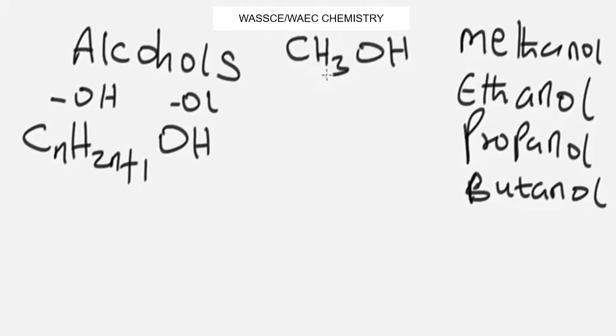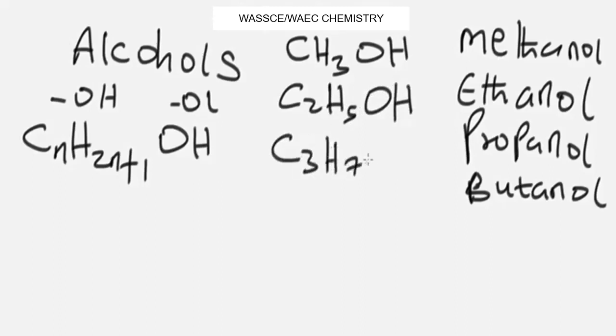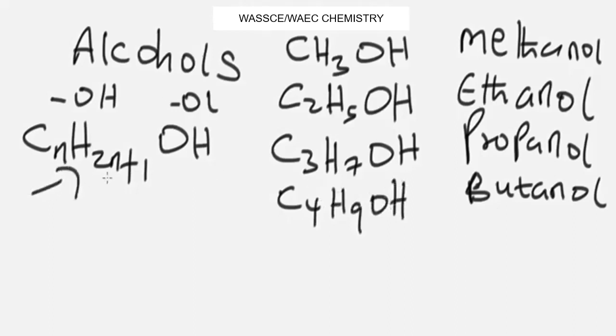Ethanol has two carbon atoms, so the chemical formula will be C2H5OH. Propanol will be C3H7OH, and butanol will be C4H9OH when you apply this formula. It's as simple as that.